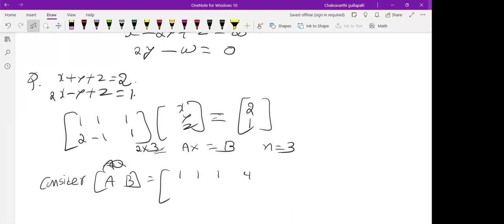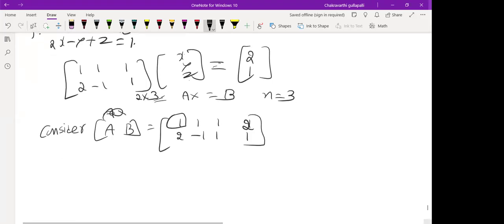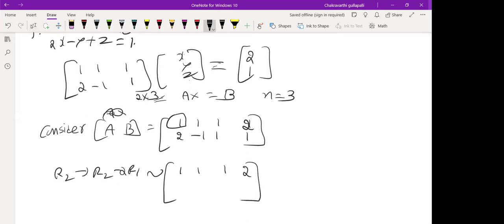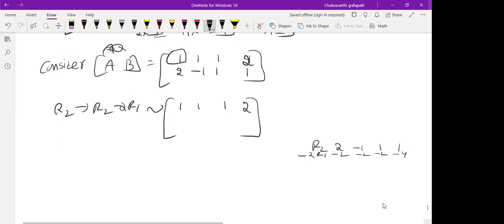1, 1, 1, 1, 1, 2. 2, minus 1, 1, 1. This is the leader. We have to make the entries below it 0. So apply the operation R2 minus 2R1.